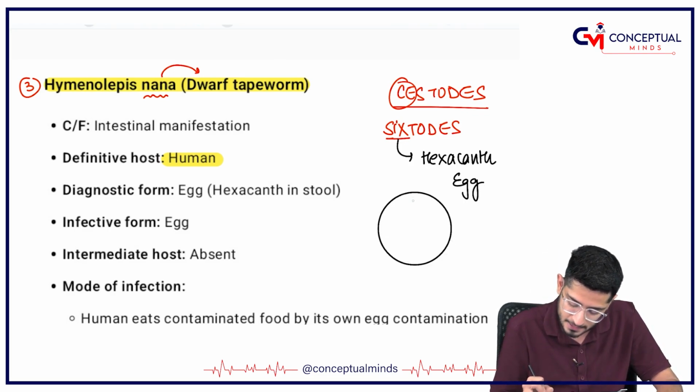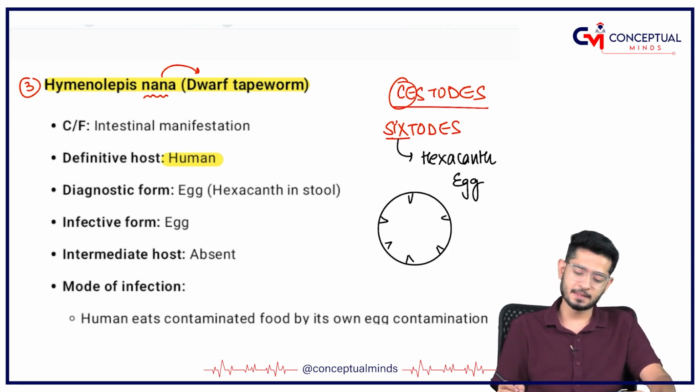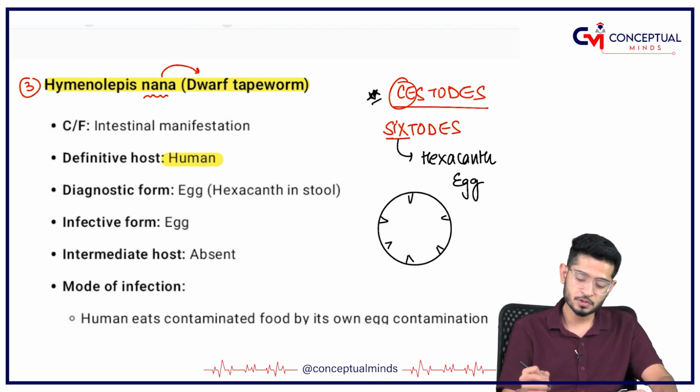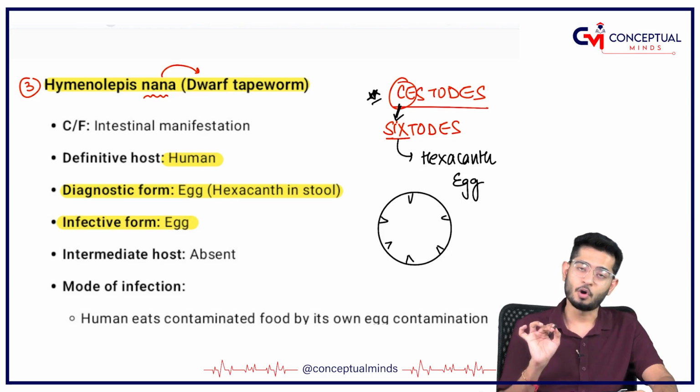For example, this is their egg. This is going to have 6 spikes in them, that is called hexacanth eggs. So these will also have hexacanth egg in the stool, which is going to be the diagnostic form. This is going to be the infective form also.